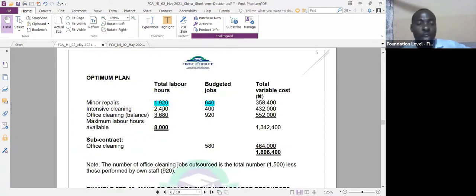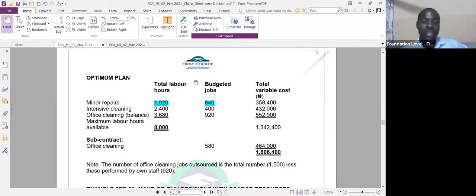You are looking for 8 hours as a boundary. You already have 2 hours 400. You also have 1,920. You add these two together, you are getting about 4,320. So you just need something of 3,680 to complete this 8,000.